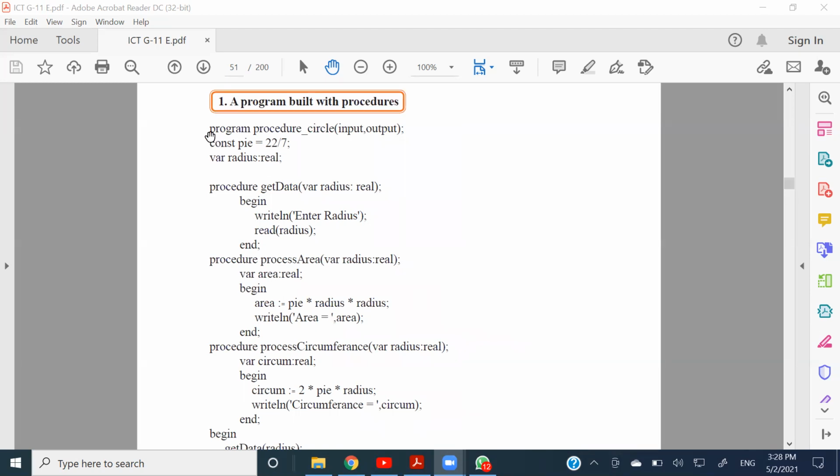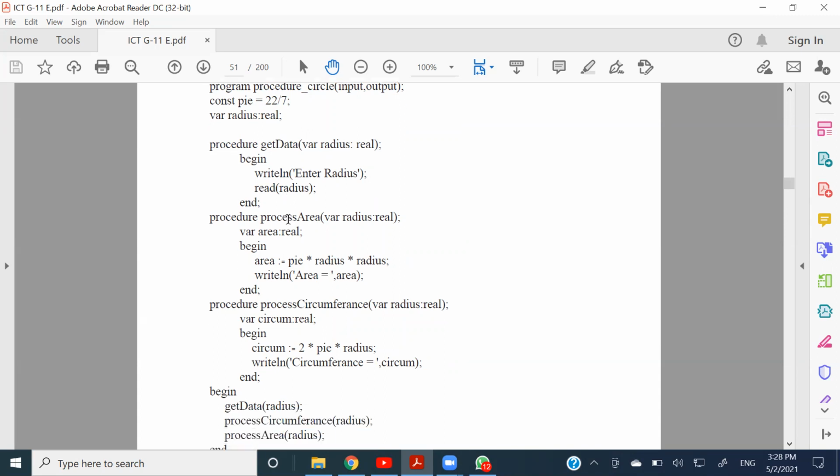Now, what is the name of this program? Procedure underscore circle.